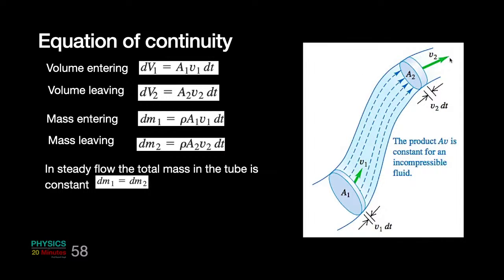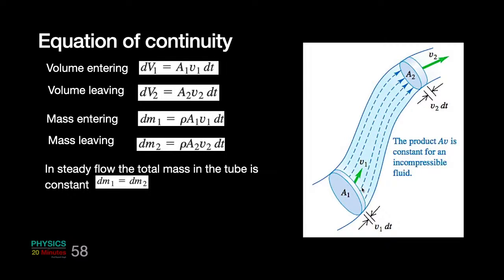Now think about it, what will happen if this is violated? Let us assume that more mass enters and less mass leaves. Then what happens? If more mass enters, you will find that the density inside this section of the tube will go on increasing. While if more mass leaves than what enters, then the density will go on decreasing.